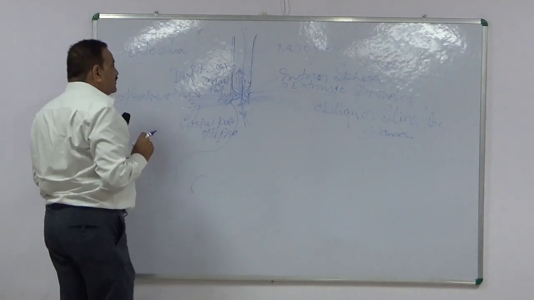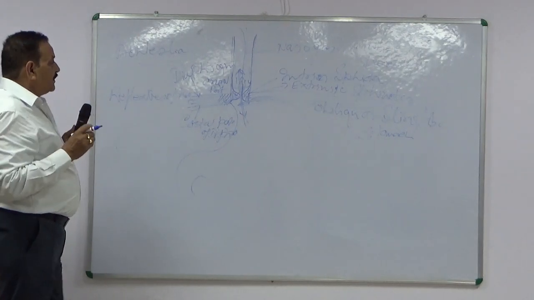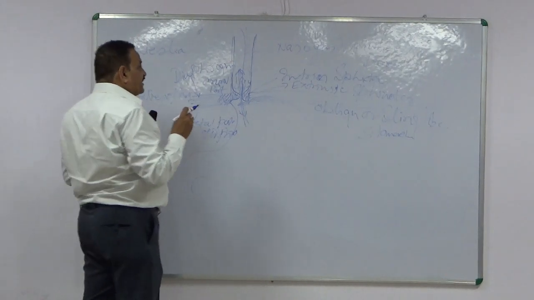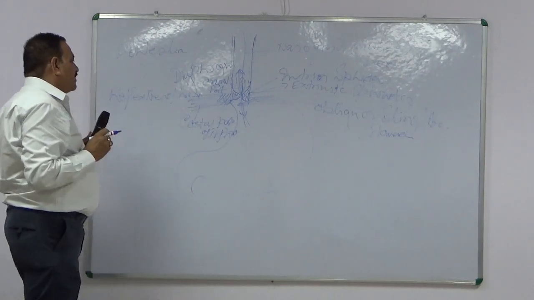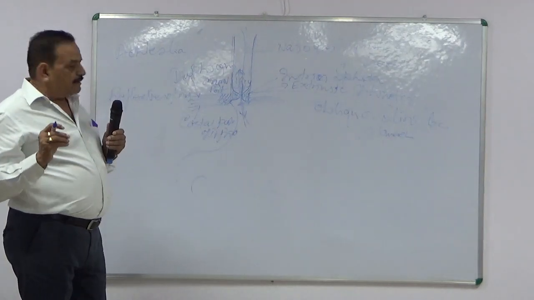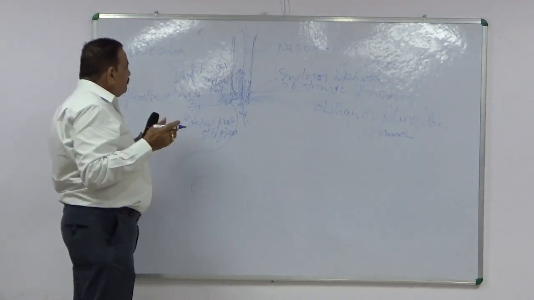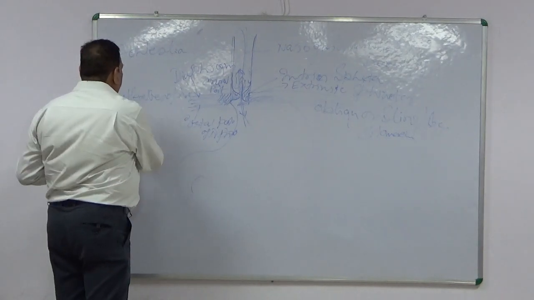In that condition, the treatment is cimetidine, or the acid secreting zone is inhibited by omeprazole. Now there are many drugs for the cure of this reflux esophagitis.